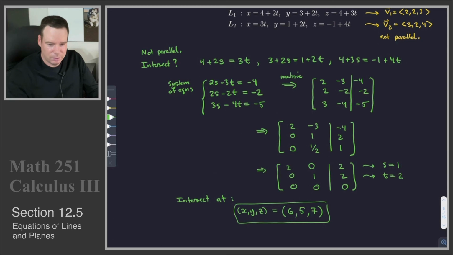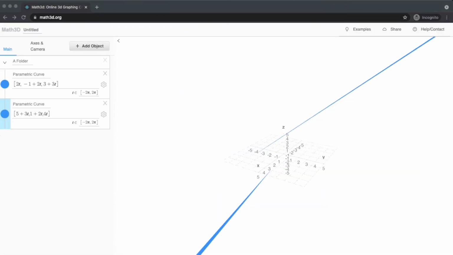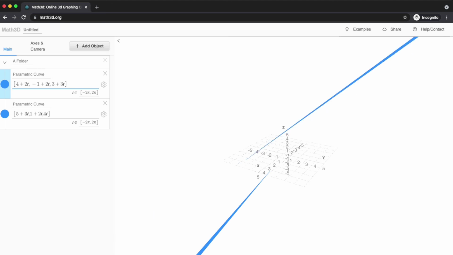We could plot these things to also check this as well. So we'll keep our lines from before because I'll just slightly update them. So the first line is 4 plus 2t, and then 3 plus 2t, and 4 plus 3t.